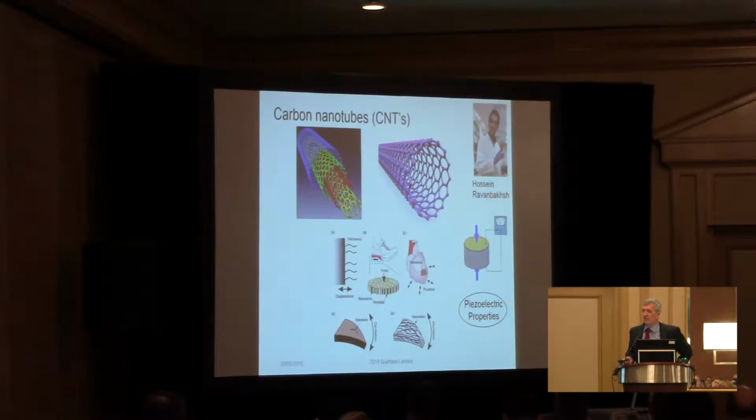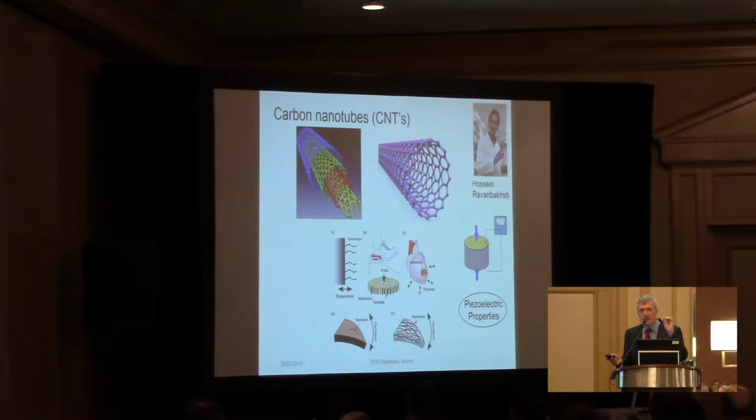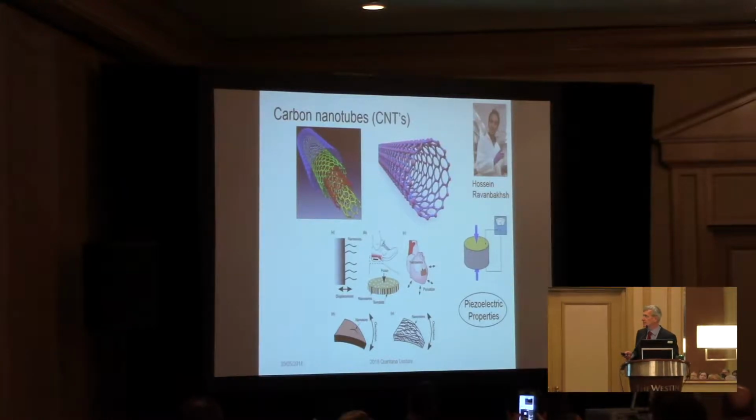So one example of composite network that we're looking into is to embed carbon nanotubes inside hydrogels. So for those of you who are not familiar with nanotechnology, carbon nanotubes are very small, 15 nanometer in diameter, carbon structures that are very regular, and they form essentially long, regular, very uniform diameter tubes.